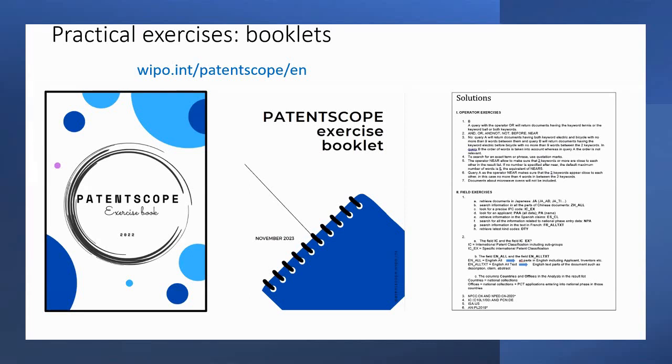With the two, you will have the exercises, and then at the end there are the solutions, so that you can have an idea whether what you did is what was meant to be. So if you want to take a look, I encourage you. It's very interesting, and it can be challenging, and it will show you how well you can use PATENTOSCOPE.